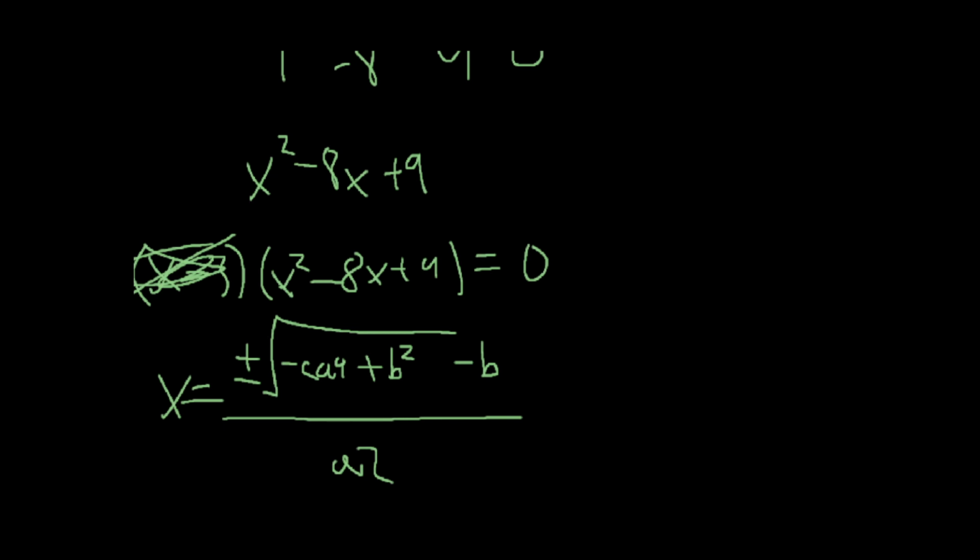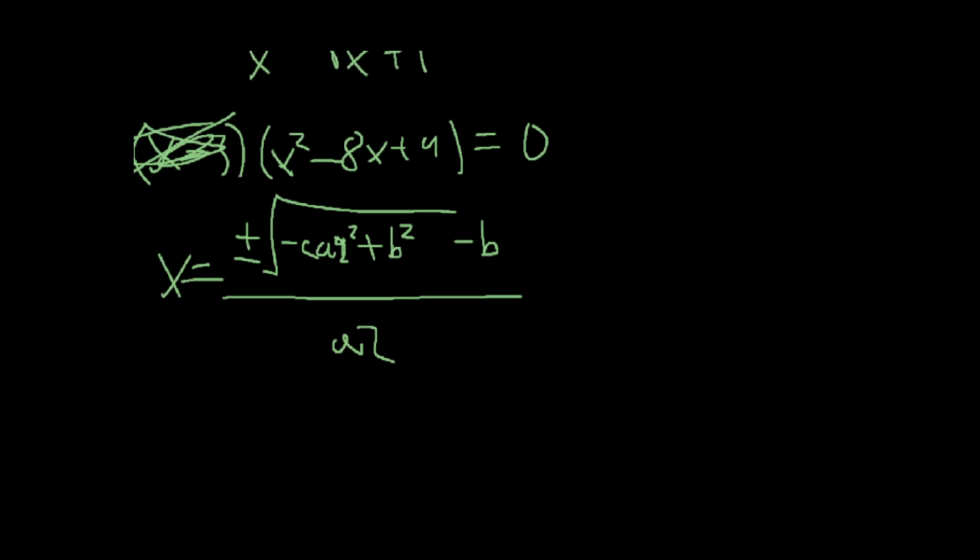So this is b, a, c. So 9 times 1 times 4, negative. Oh my god.